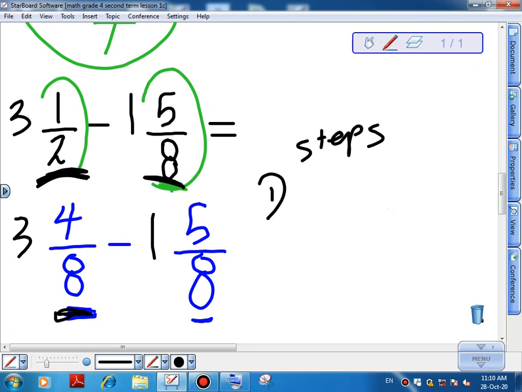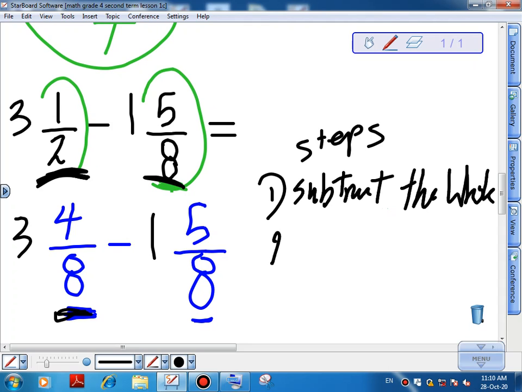Then first subtract the whole number, then second subtract the fractions.